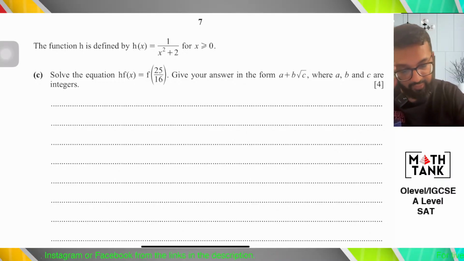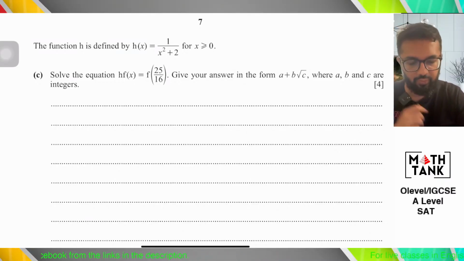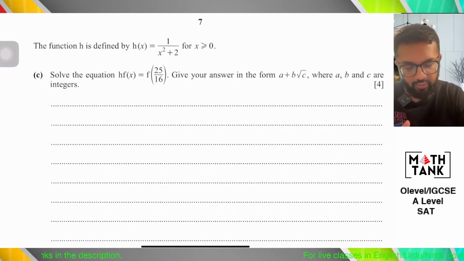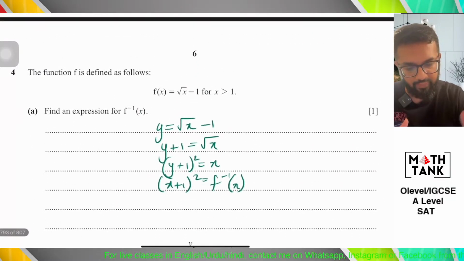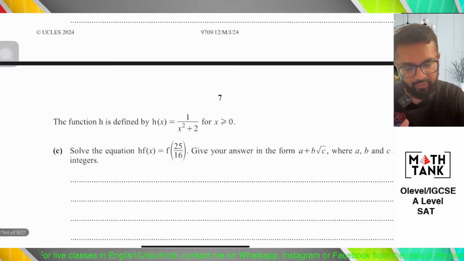The function h is defined by this. For x greater than 0, solve h of f of x equals f of 25 over 16. What is f of x? f of x is root of x minus 1 for x greater than 1.